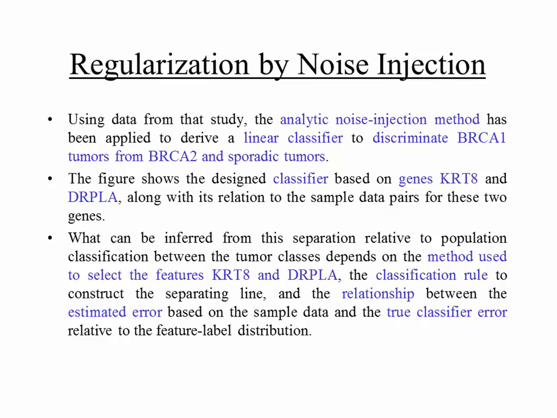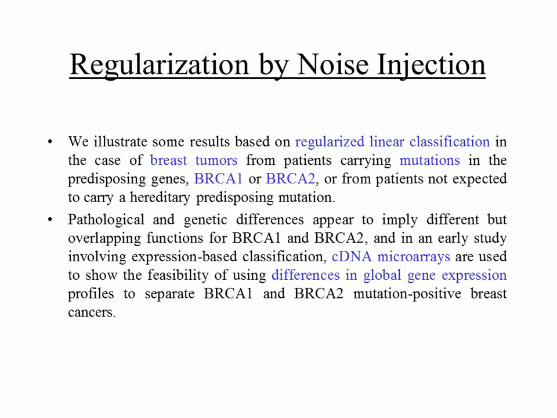So we illustrate some results based on regularized linear classification in the case of breast tumors from patients that carry mutations in the predisposing genes BRCA1 or BRCA2, or from patients not expected to carry a hereditary predisposing mutation.